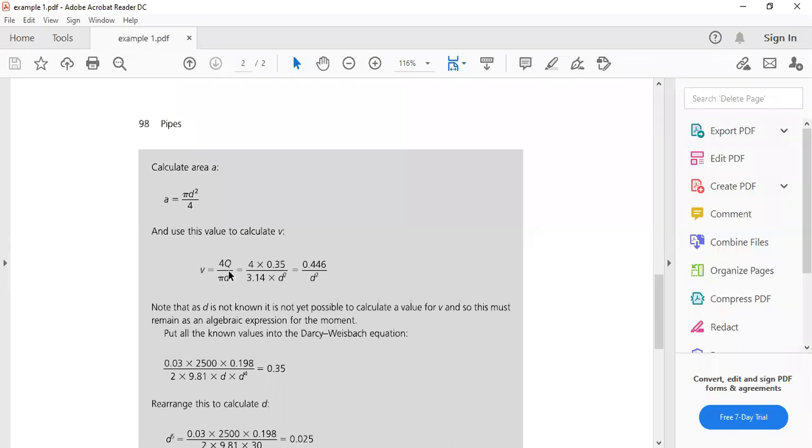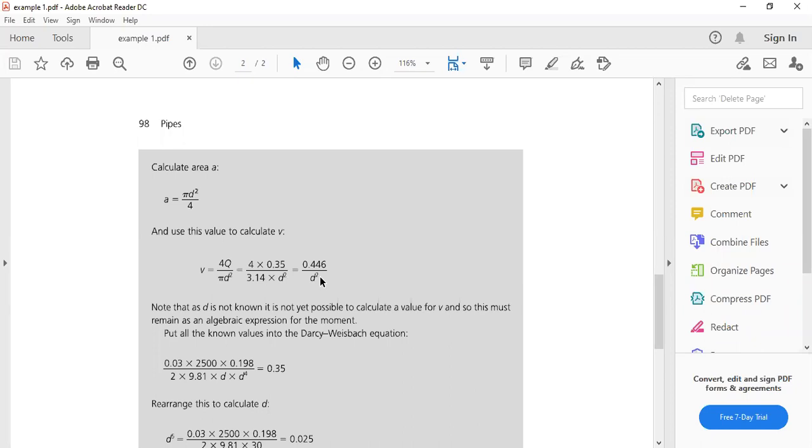And now we can calculate the velocity because we have this discharge, which is in the question, which is 0.35. So when we solve for this, we see that velocity will be equal to 0.446 divided by the diameter. Okay.